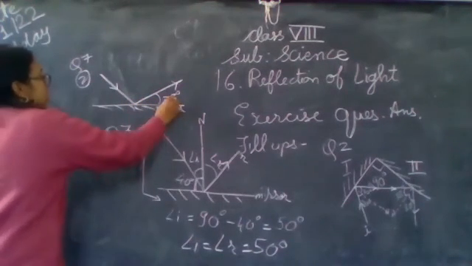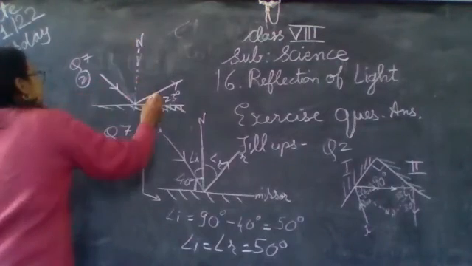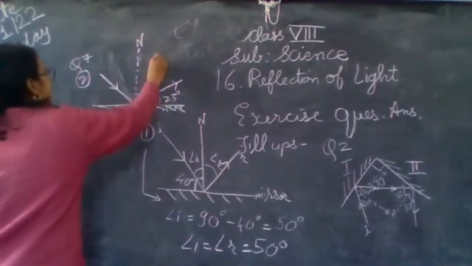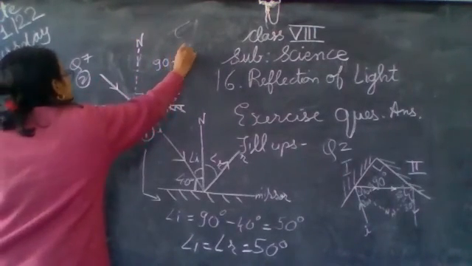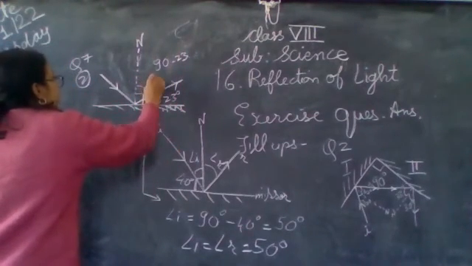This is the mirror. So 23 degrees here. So the normal is here. So 90 minus 23 will be your angle of reflection.